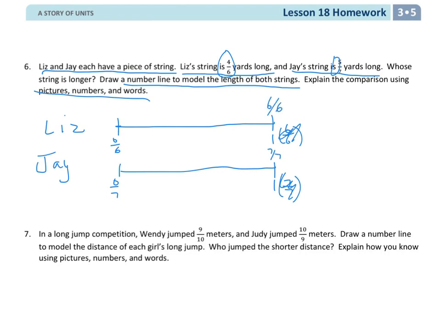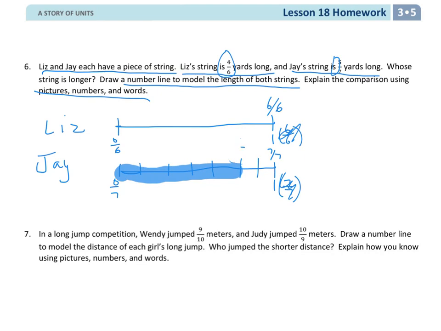So now I have to break these number lines apart. So I'm going to show Jay's as 5/7. And I have 1/7. And let me highlight these. 1/7, 2/7, 3/7, 4/7, 5/7. So this is Jay's.